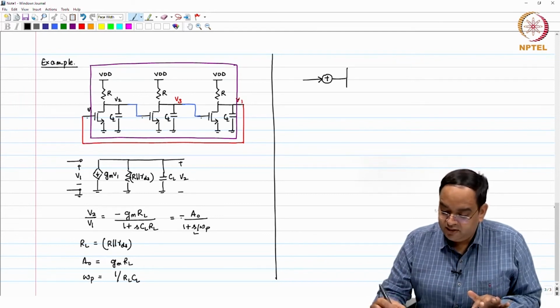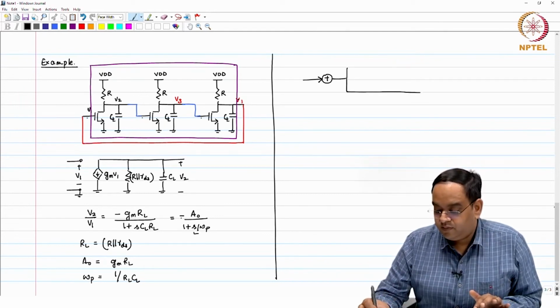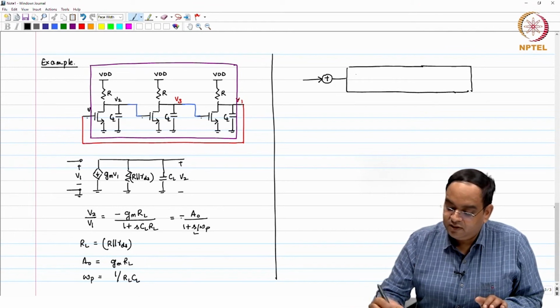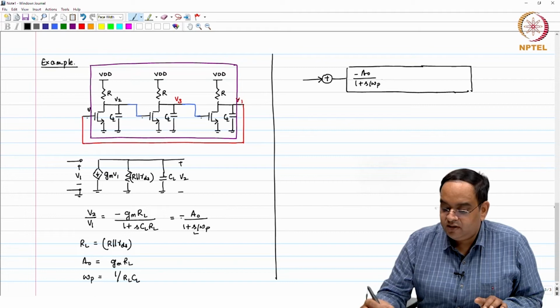So, the gain from the very first stage to the last stage is minus A naught by 1 plus s by omega p, times minus A naught by 1 plus s by omega p, times minus A naught by 1 plus s by omega p.